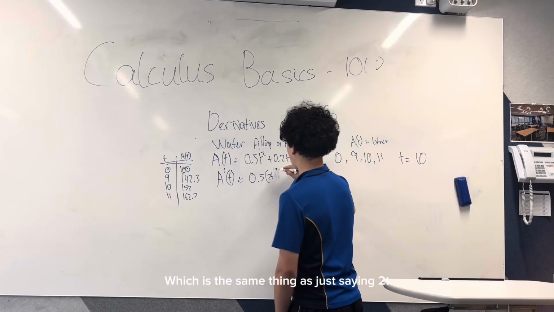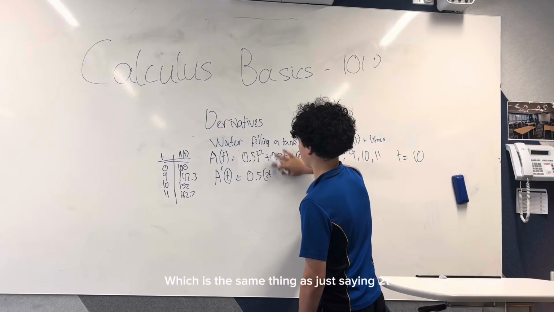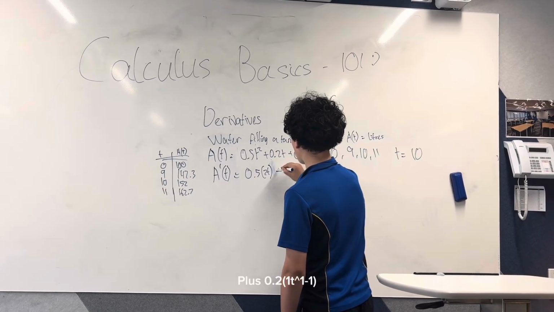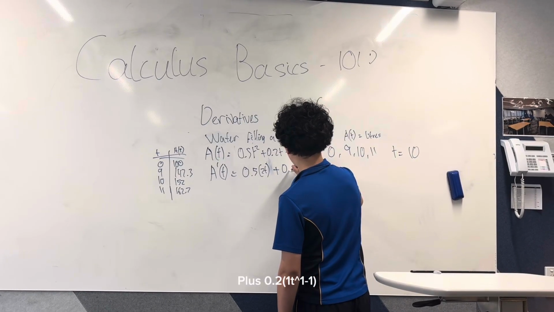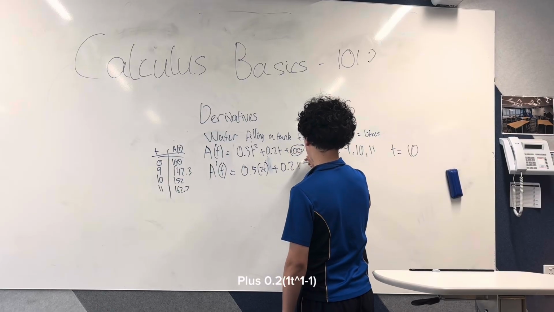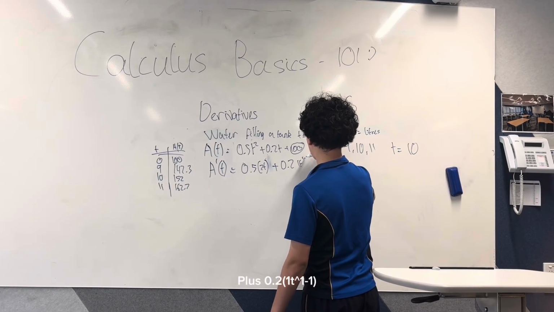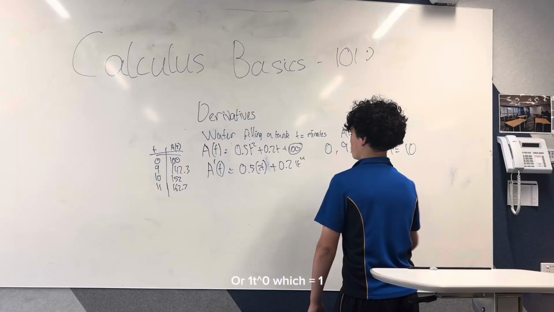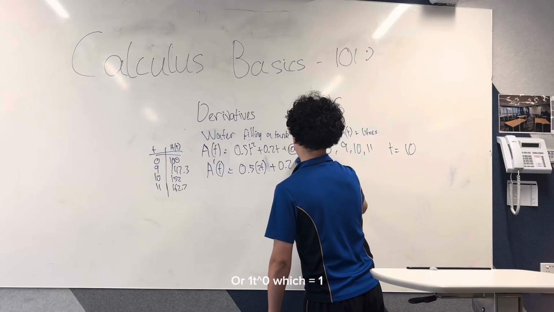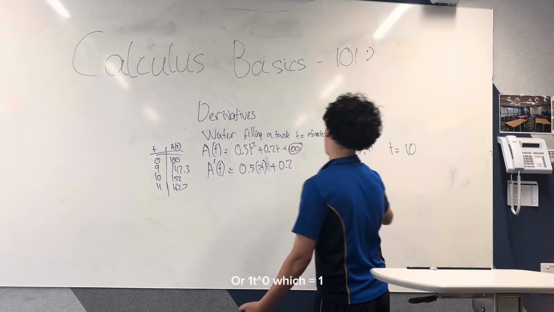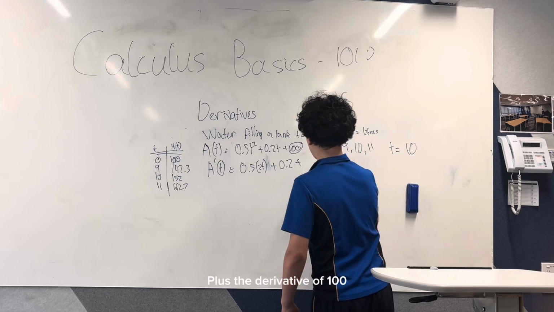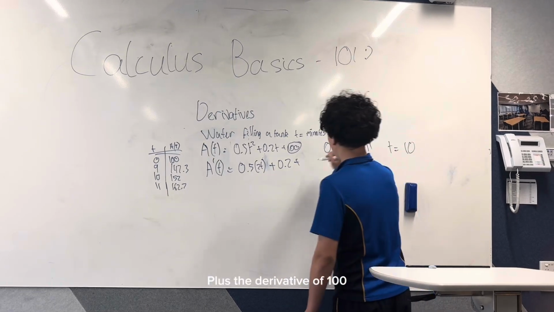So it's just 2t. Plus 0.2 times 1t to the power of 1 minus 1, or 1t to the power of 0, which is equal to 1, plus the derivative of 100, which will be 0.